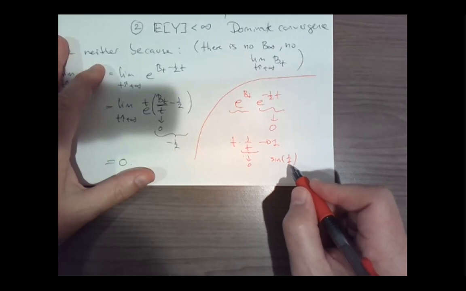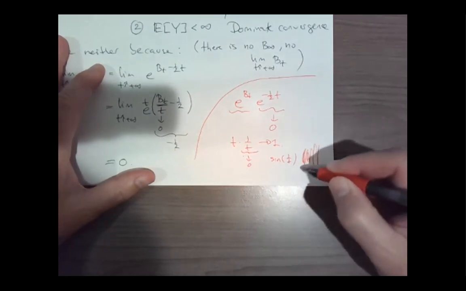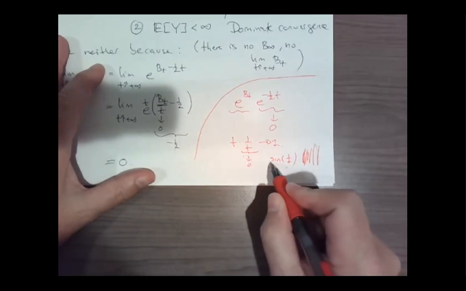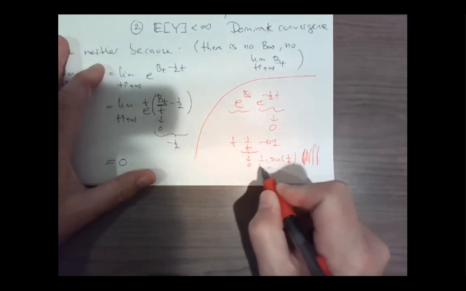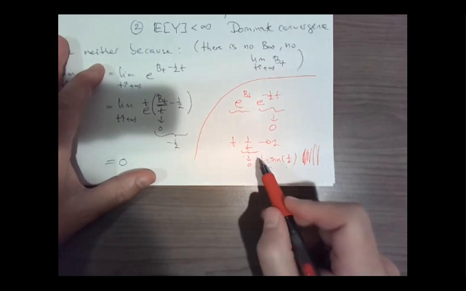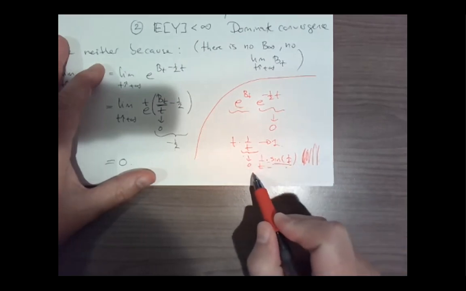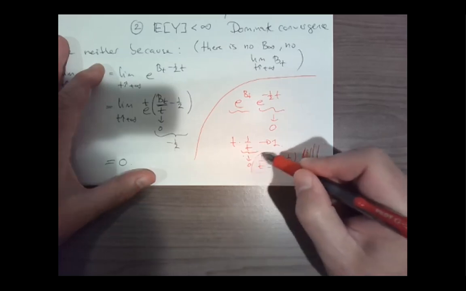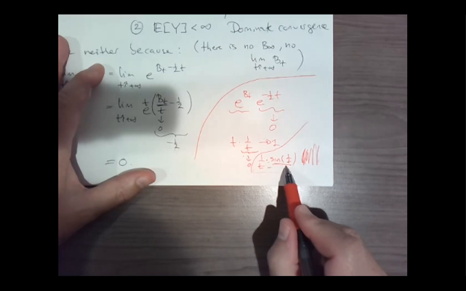It just oscillates like crazy around 0, but it's bounded between -1 and 1. So if you multiply this by t, which goes to 0, and this thing doesn't even have a limit, that product is going to go to 0.